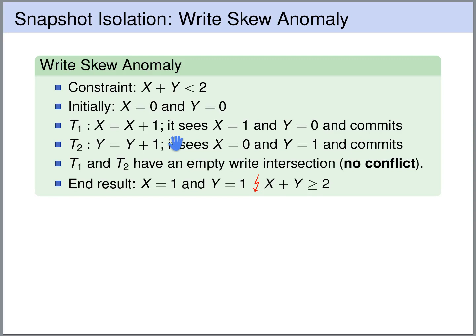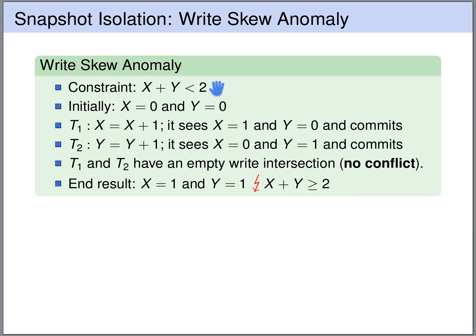With full serializability, this cannot happen, because the effect on the database should be the same as a serial schedule, so the same as running T1 and T2 after each other in an arbitrary order, so first T1 and then T2, or first T2 and then T1. But either way, they would see each other's update, and they would not commit if the constraint is violated. So with full serializability, the write skew anomaly cannot occur.